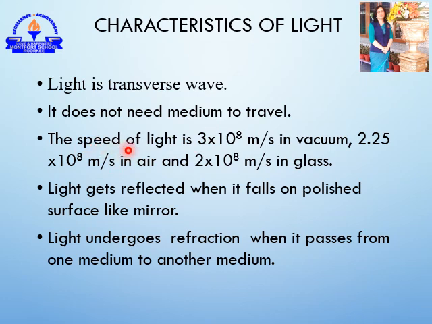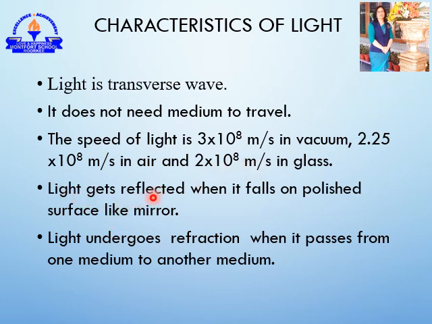Speed of light is different in different materials. Here, speed of light in vacuum is 3 into 10 raised to power 8 meter per second. In air, it is 2.25 into 10 raised to power 8 meter per second. And in glass, it is 2 into 10 raised to power 8 meter per second.